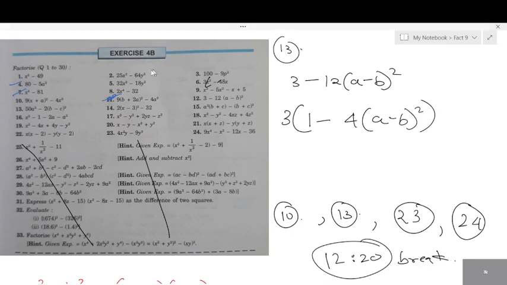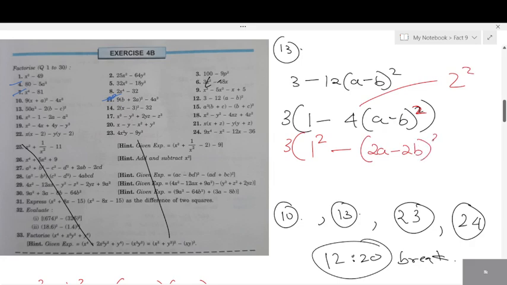Next, what's the next step? 1 I can write it as 1 square. I told you all, 1 is an important number. 1 square minus this 4, if you shift it inside, what do you get? You can't shift 4. What is the perfect square for 4? So you have to shift 2 inside. What do you get? 2a minus 2b the whole square. Next, 3 into 1.